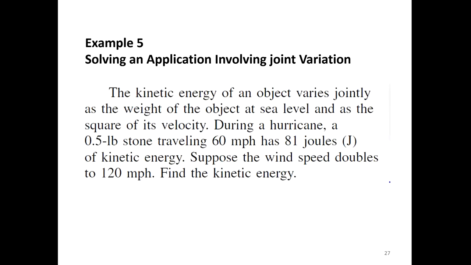Another application about joint variation. Joint variation means we have a constant K multiplied by variable times variable. The kinetic energy of an object varies jointly as the weight of the object and the square of the velocity.